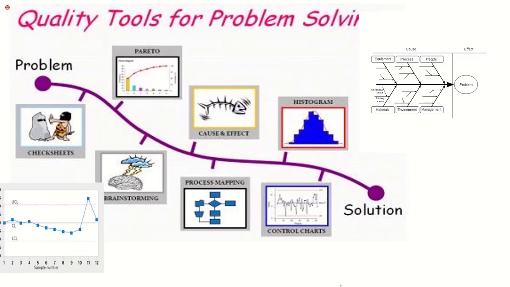For example, if you find that there's a percentage of defected products, then the entire group would sit together, and it could be different divisions from the company, and then we talk about what went wrong. And that's called a fishbone diagram. So these are some of the tools that you can use for quality control.